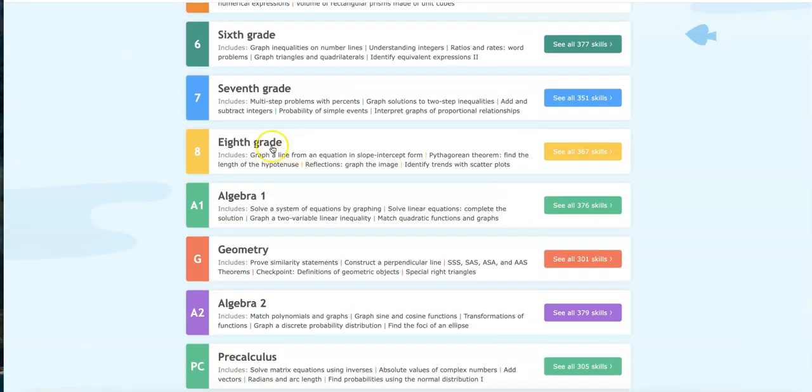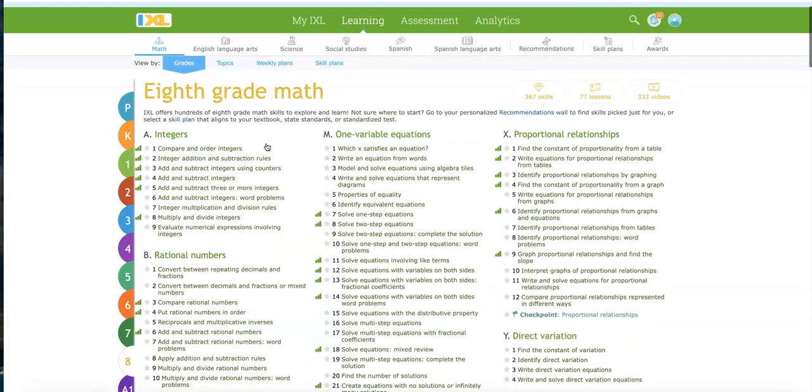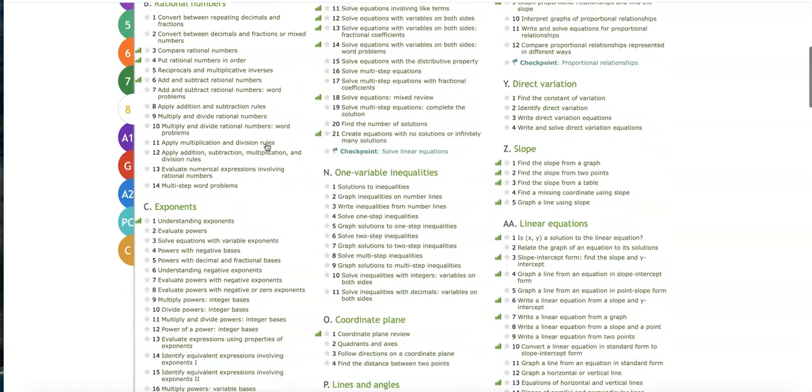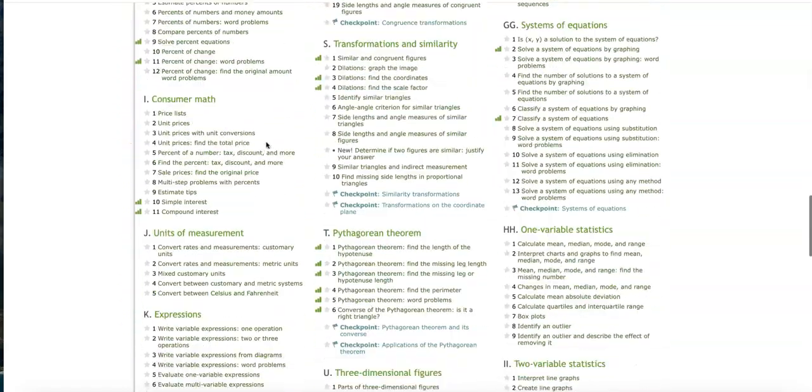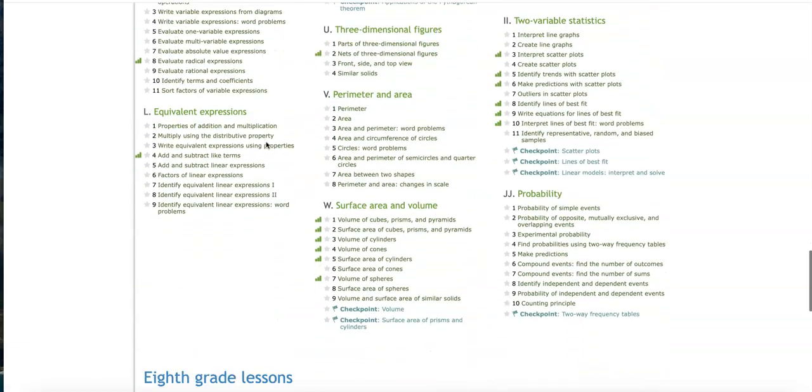So I click on 8th grade, and then this gives me a running record of all the individual skills that I have available to offer my students. As you can see, there are little bars out to the side of some of them, and then there are obviously ones that are not.